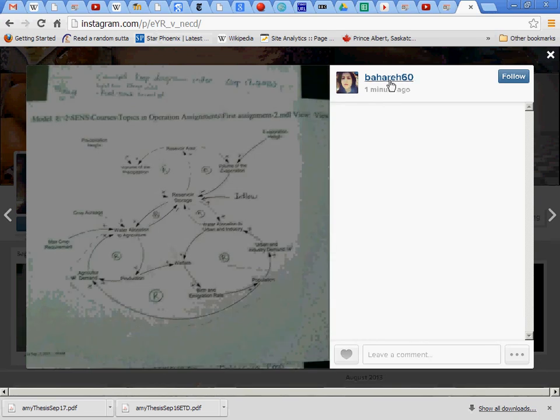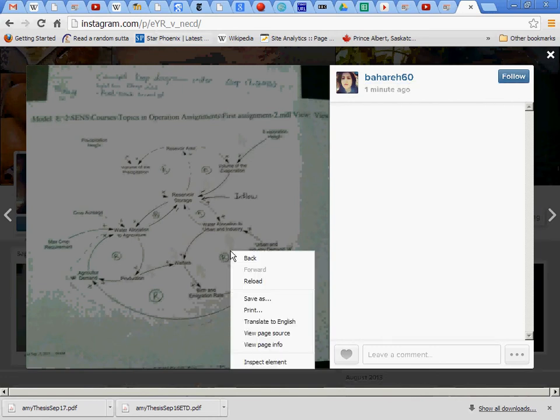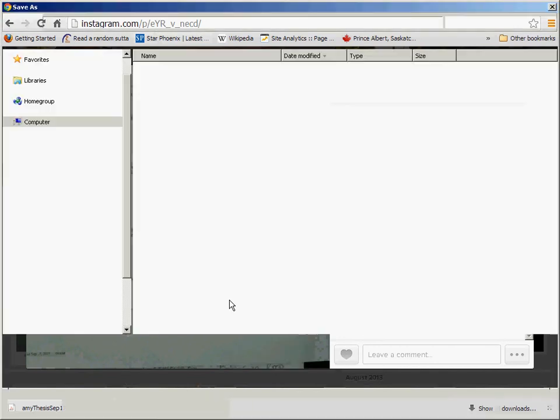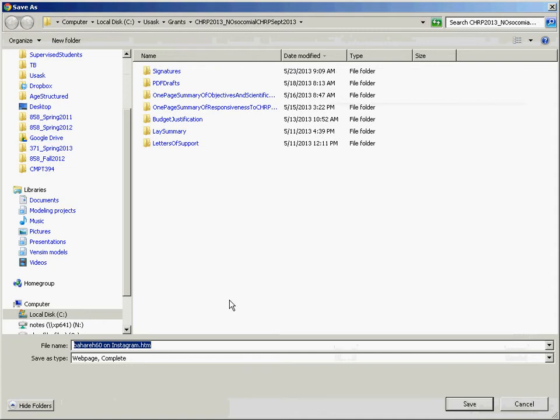Okay, so if I don't want to follow you, and I certainly don't want to do that, what do I do? Yeah, right. Click on the page and the photo and save as. Oh, okay. Oh, it's an HTML. Okay.